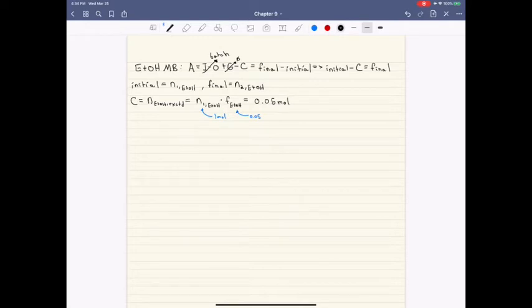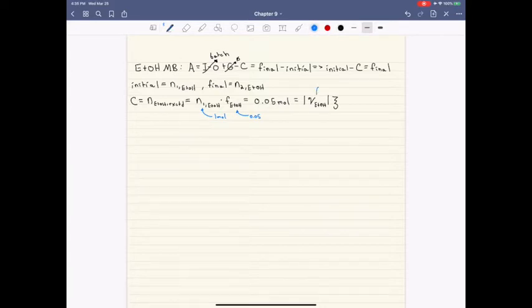Another way we could calculate the consumption term is in terms of the extent of reaction. And so what we'll do here is say that the moles of ethanol that's reacted is equal to the product of the stoichiometric coefficient of ethanol in the reaction times this extent of reaction.